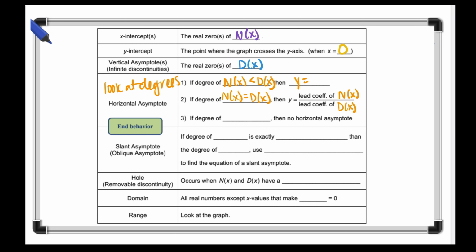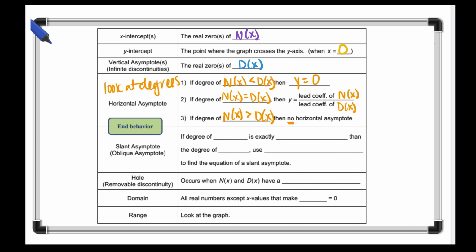It could be like 1 over 1, so your horizontal asymptote is at y equals 1. If you have 4 over 2 as lead coefficients, you have y equals 2 as a horizontal asymptote. Now, if the degree of your numerator is larger than the degree of your denominator, there is no horizontal asymptote.